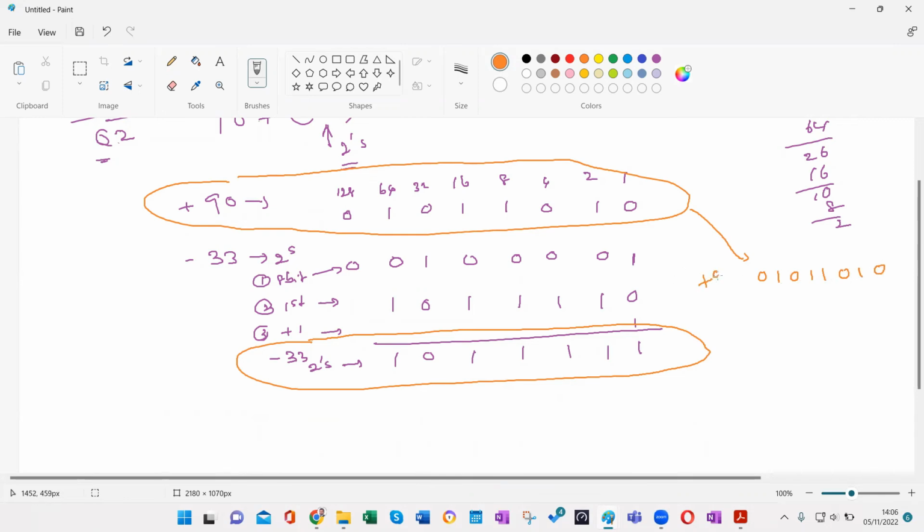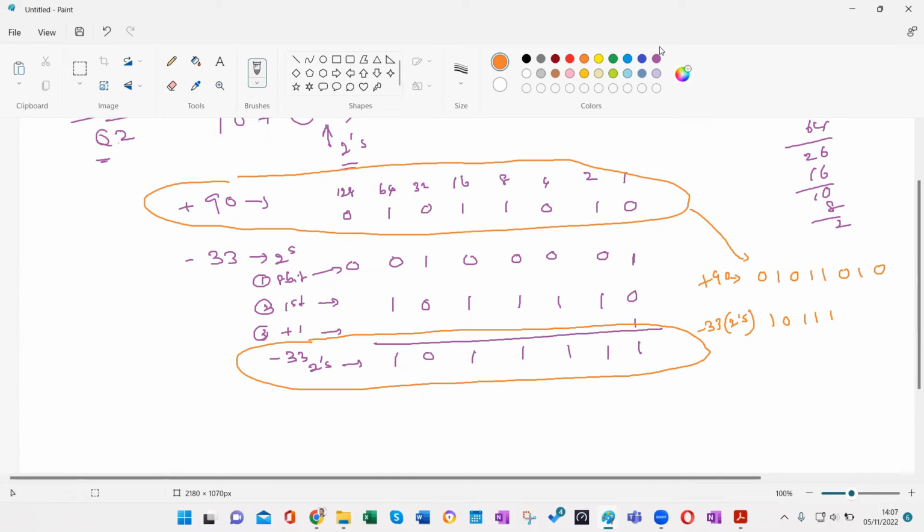This is plus 90. And this is minus 33 in 2's complement. Oh, I missed this one.